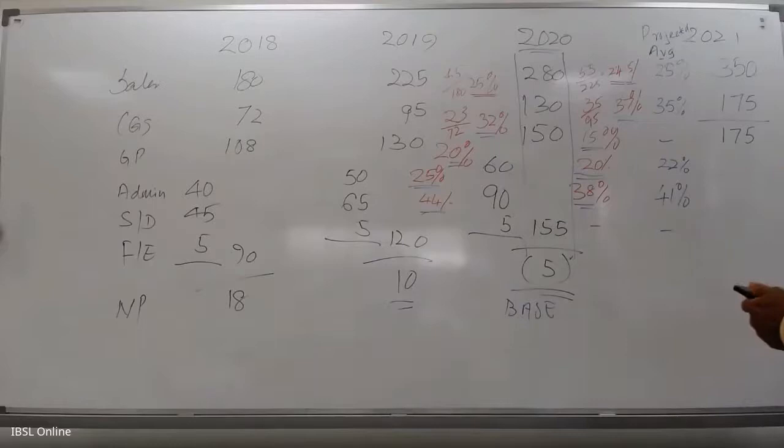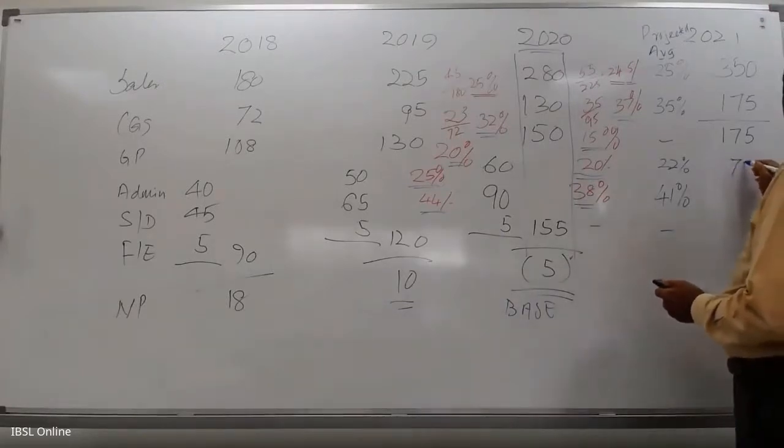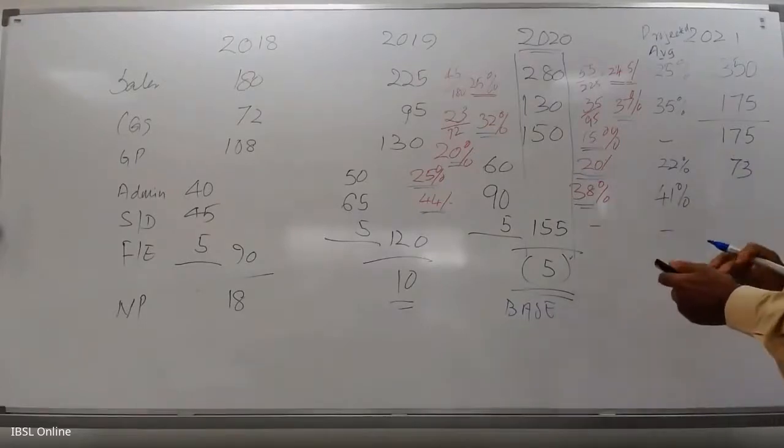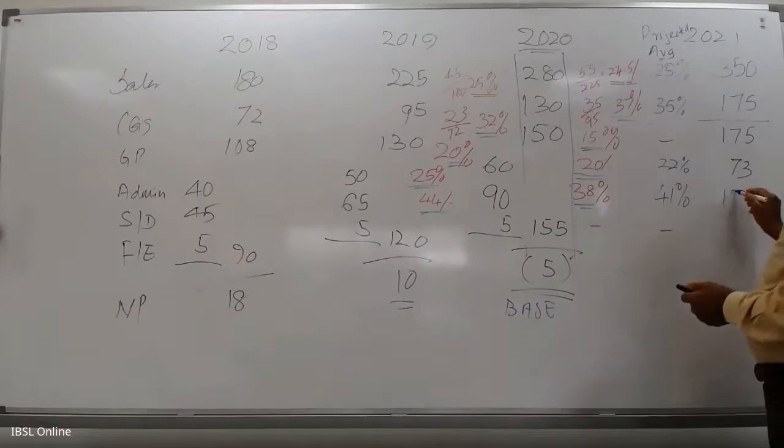Administrative expenses increase by 22%, 60 into 1.22, 73. Selling and distribution expenses 41%, value 90, 90 into 1.41. That is 127.